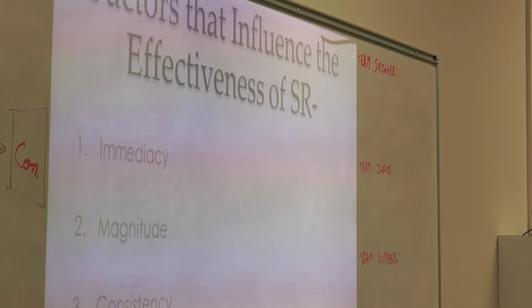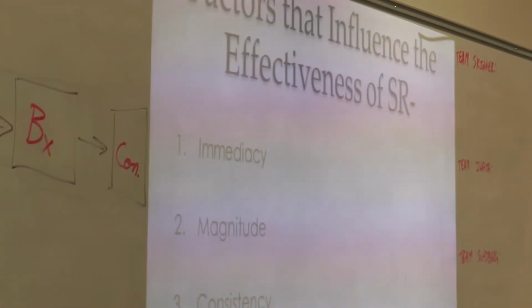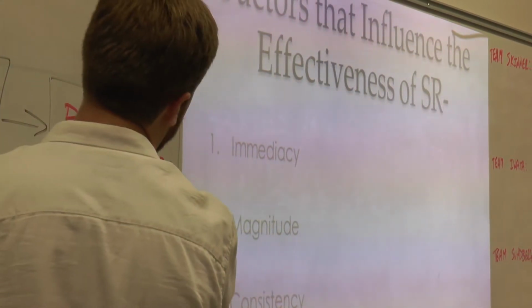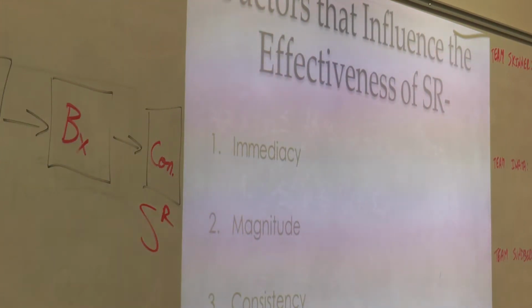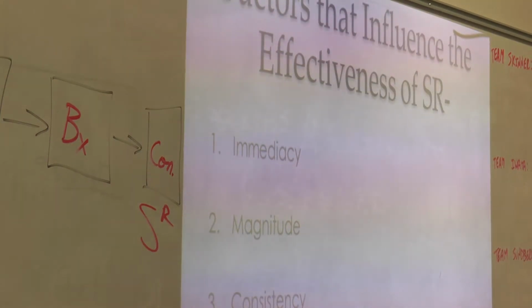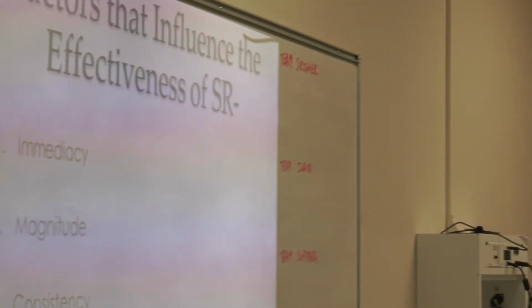An SD is our discriminative stimulus, and that's always going to be an antecedent. And an SR is always the stimulus response. So, all that fun jargon. Gotta love it. And if you don't love it, I'm telling you, you gotta love it.